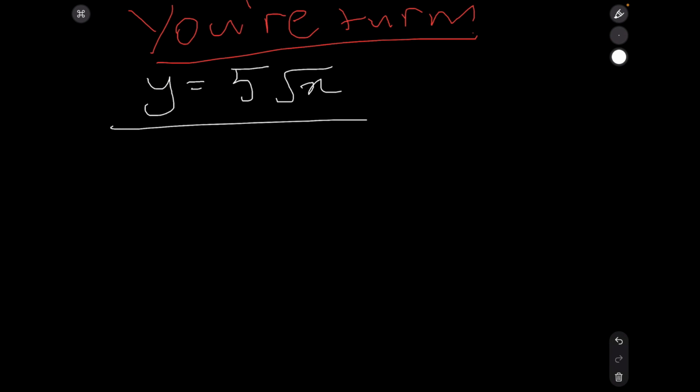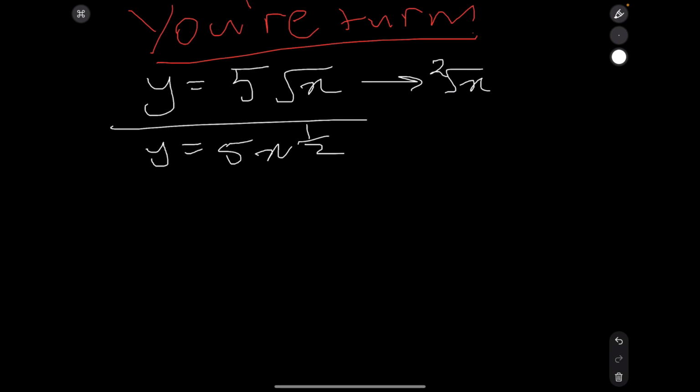If you haven't found it, or if you want to check your answer, this is how this problem would be approached. This can be rewritten as 5x to the 1/2. This is just rewriting the square root. If you have the square root of x, that would equal x to the 1/2.